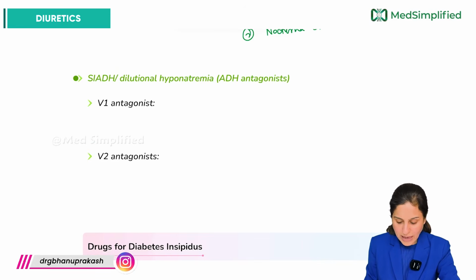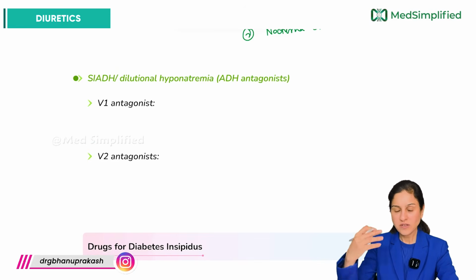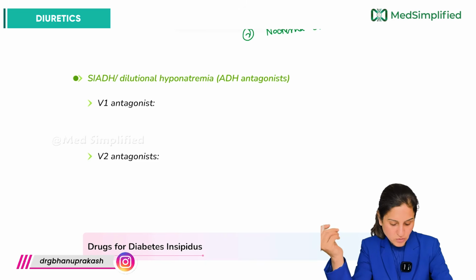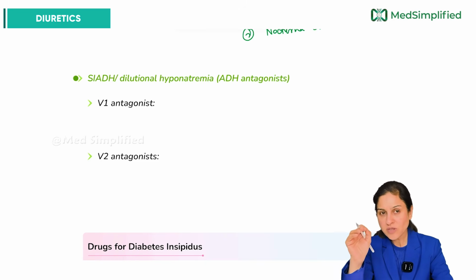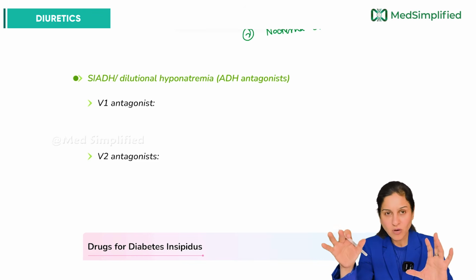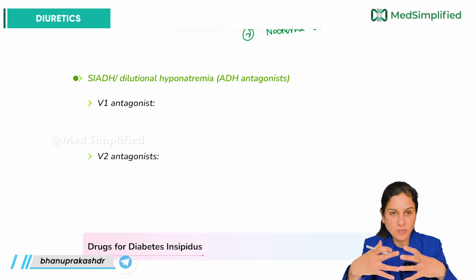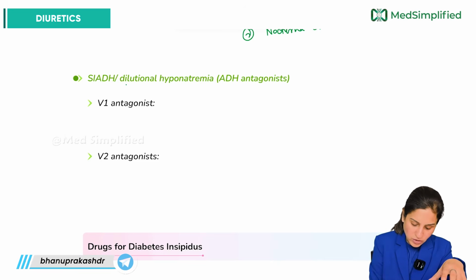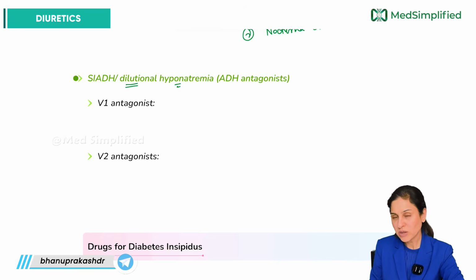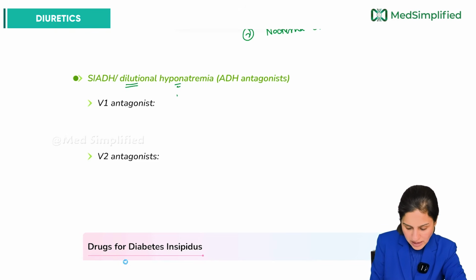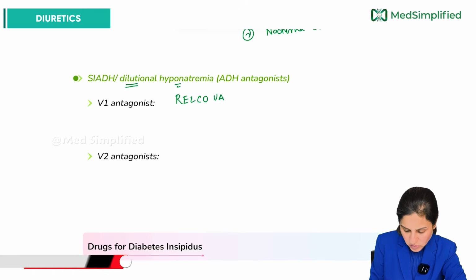Now, if there is too much ADH, that can lead to syndrome of inappropriate ADH secretion. There is a lot of water retention in the body, and that can ultimately lead to dilutional hyponatremia. So we need to give the antagonists, V1 and V2 antagonists. The V1 antagonist we have is relcovaptan. These all have vaptans in them.